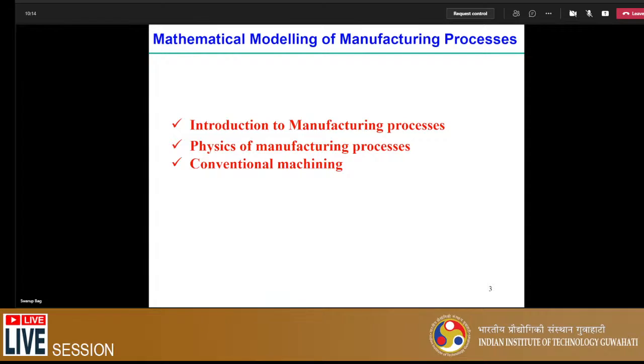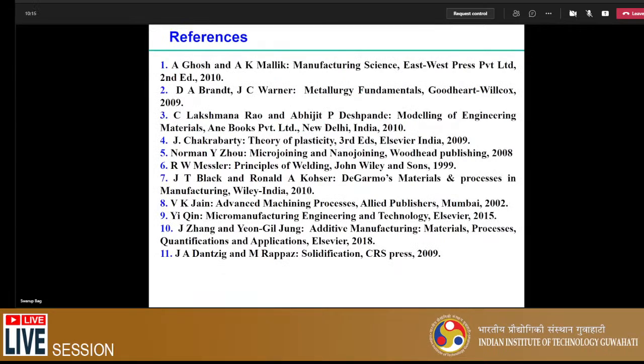But before that, try to look into the references, because this is very important. Looking into all these class notes, PPTs, or lecture videos will help you understand the overall idea of the subject. But if you want to go in depth into the different processes, the references are significant. For example, if you want to understand the mathematical aspects, you should definitely go for the first book, Professor Ghosh's Manufacturing Science.